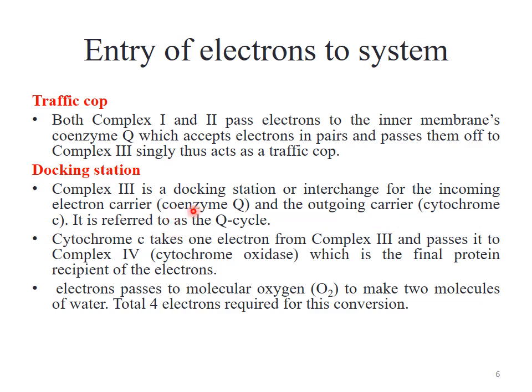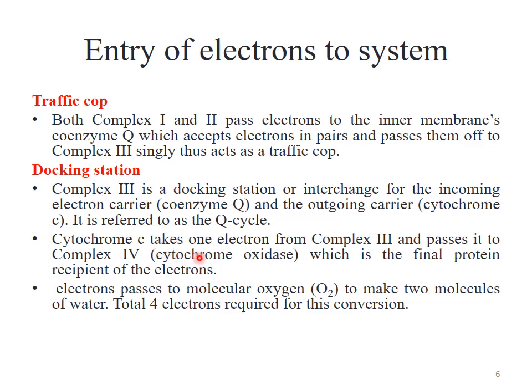This is the coenzyme Q, which brings the electrons from complex 1 to complex 3, and from this docking station, cytochrome takes the electron and transfers it to the next molecule, that is complex 4 and 5 in the next step. The whole process of this electron transfer is referred to as the Q cycle.